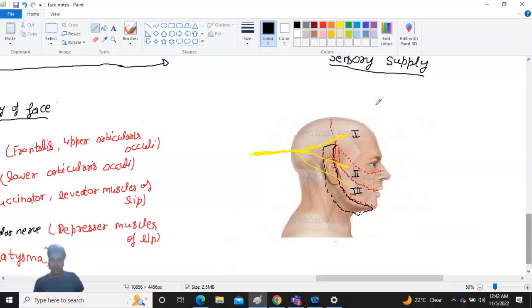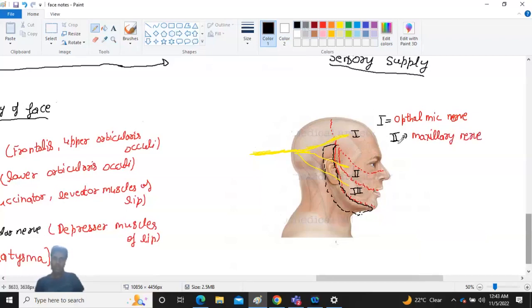The first region is supplied by the ophthalmic division of the trigeminal nerve, so we can call it the ophthalmic nerve. Second is again a division of the trigeminal nerve, which is called the maxillary nerve.